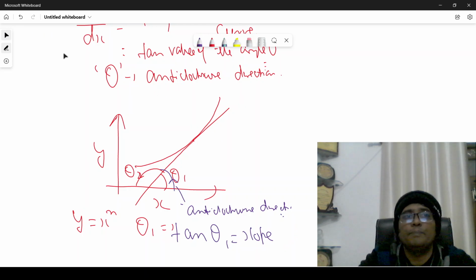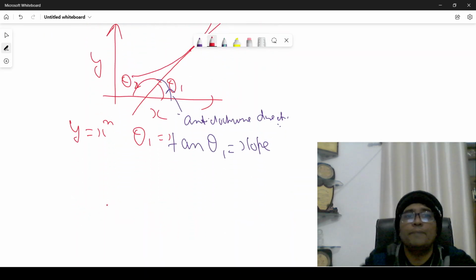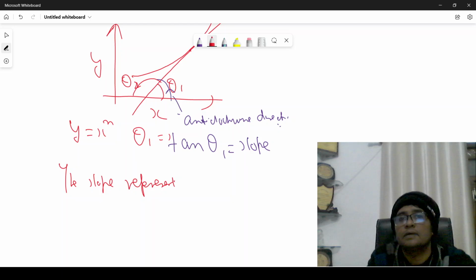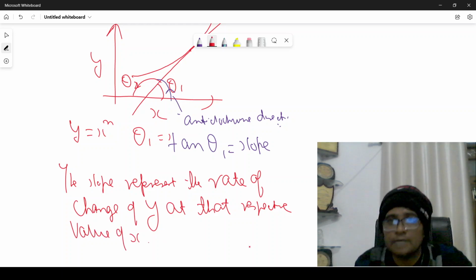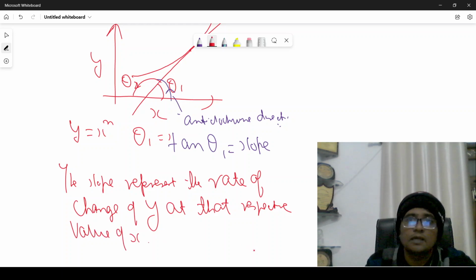What does the slope actually represent? The slope represents the rate of change of y at that respective value of x. Understood?